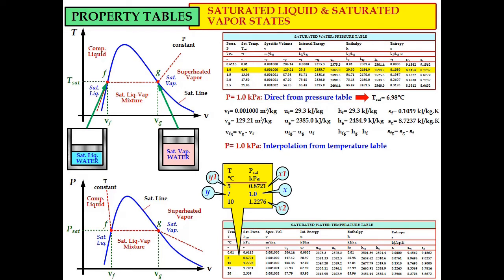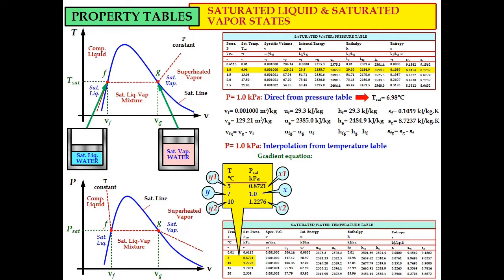Y1 represents the lower value of temperature, and Y2 refers to the higher value of temperature. So we need to use all this data to make the interpolation to obtain the exact value for T saturated at pressure equal to 1 kilopascal.